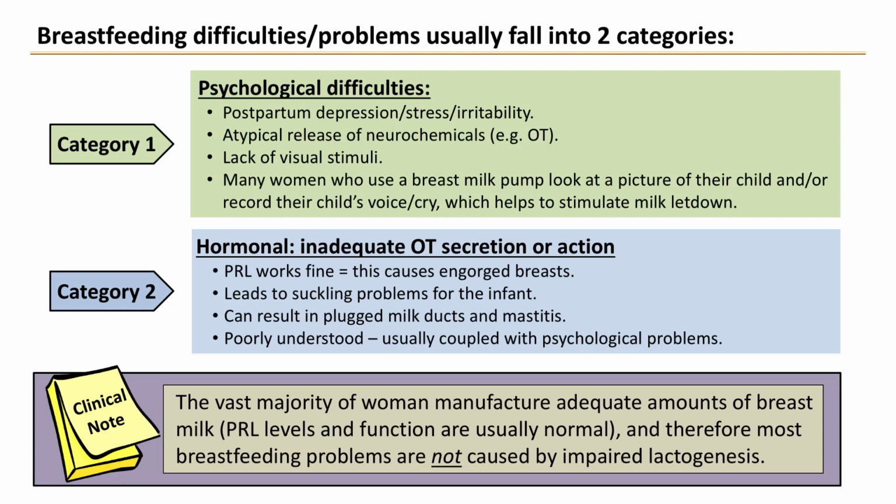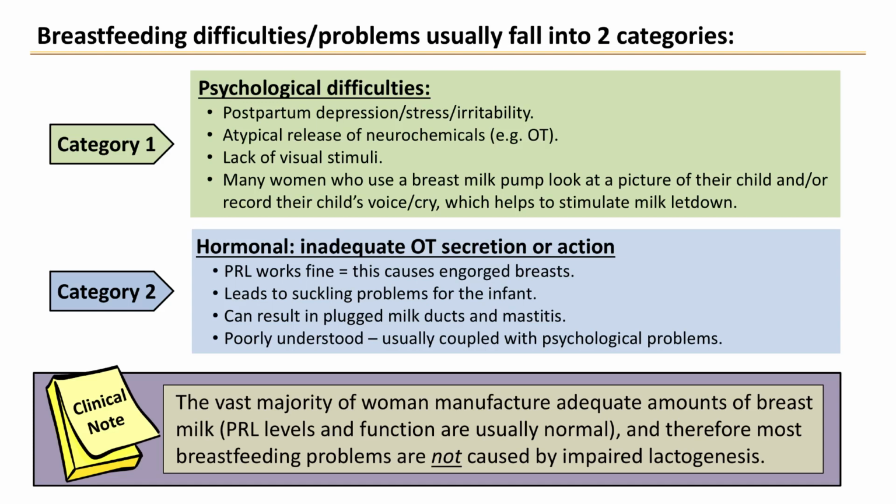Looking at category 1, the psychological difficulties, postpartum depression can be a major cause. Okay, this can lead to atypical release of neurochemicals such as oxytocin, and or increased levels of dopamine, which will block, in some manner, prolactin. There can be a lack of visual stimuli and or auditory stimuli.